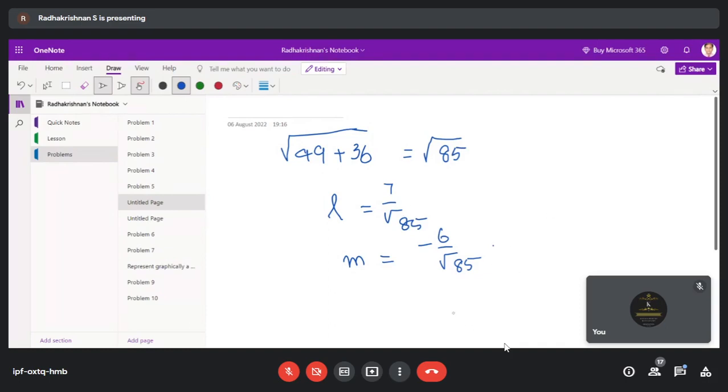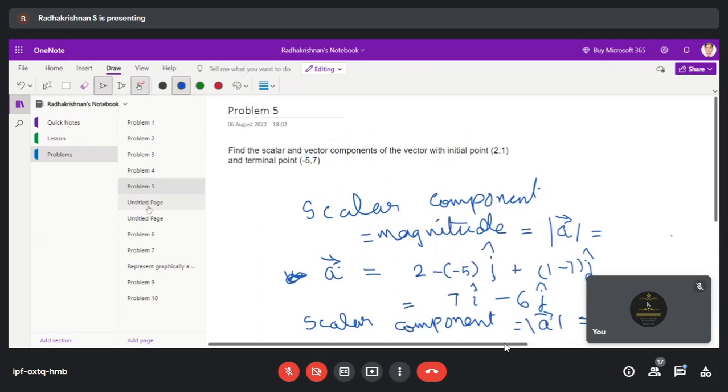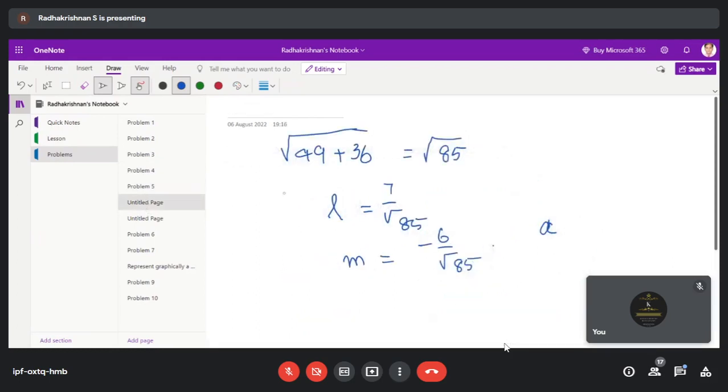We can also say that the unit vector in the direction of A is given by 1 by root 85 into (7i cap minus 6j cap).